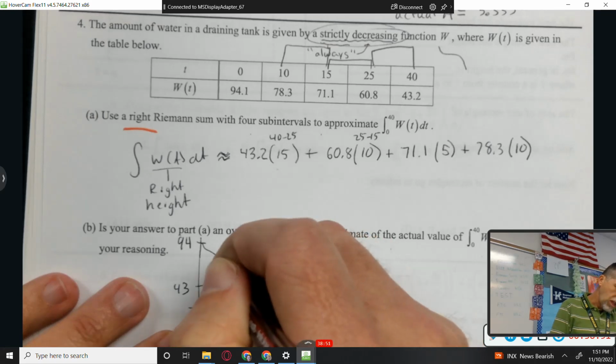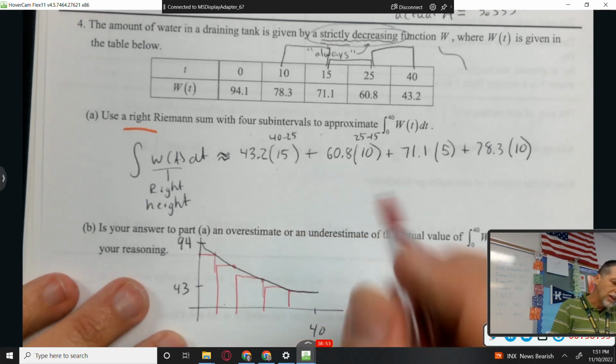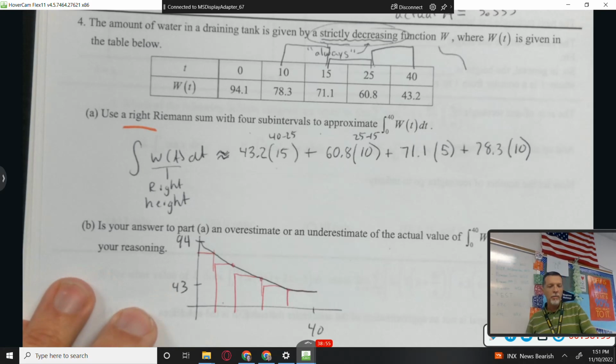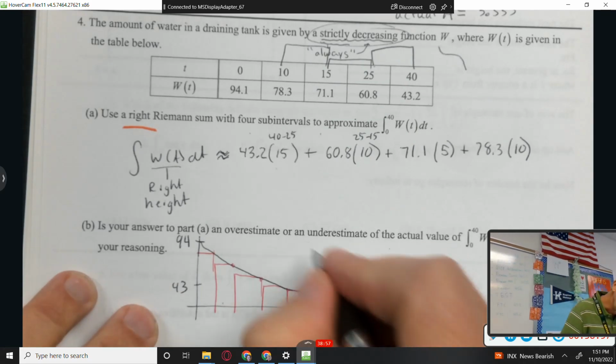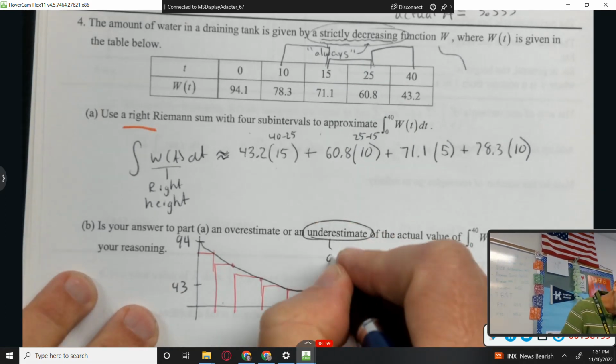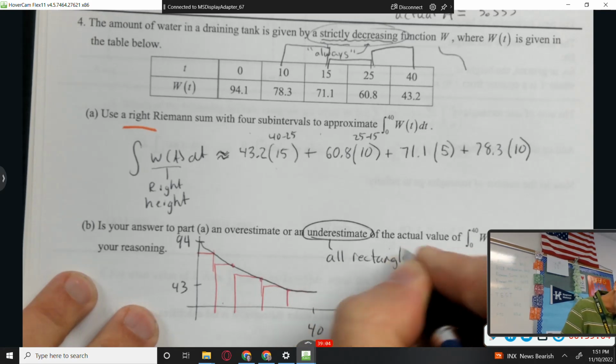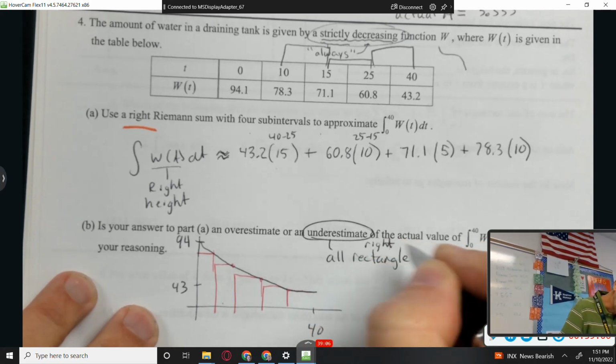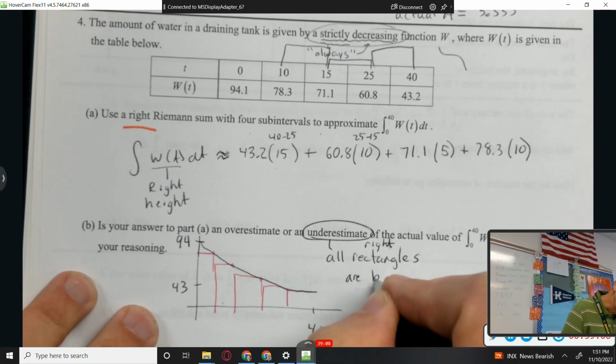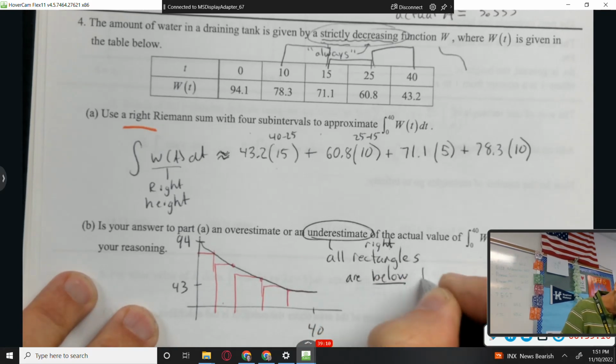It doesn't matter how many I had. If I'm coming from the right, all my rectangles are below, so it's an underestimate. And the reason is, we should specify, all right rectangles are below the curve.